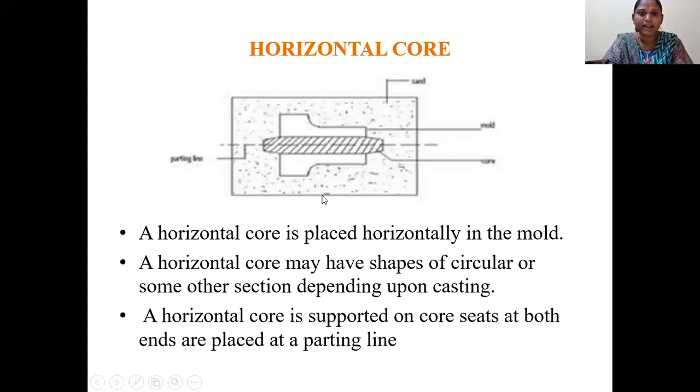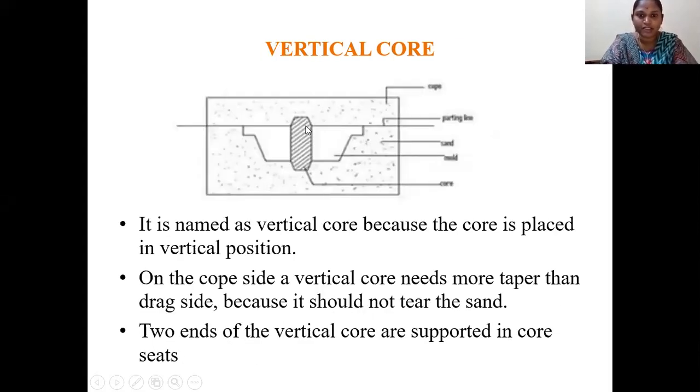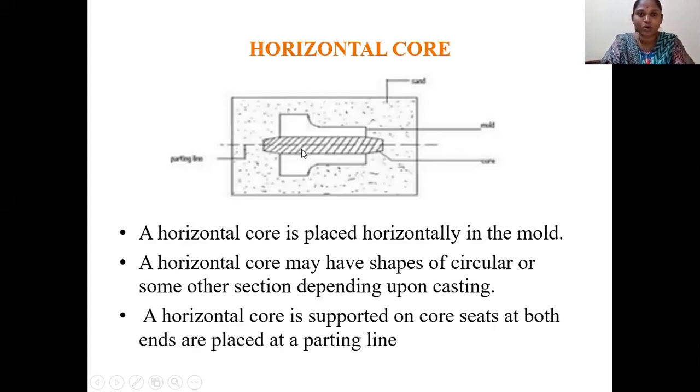We can say this is the mold, and this is the mold cavity. In this mold cavity, the core is placed horizontally. If this core is placed in a long position in this manner, you can see the core is placed vertically, in the vertical axis. This may be called a vertical core, and this core, placed horizontally, is named a horizontal core.